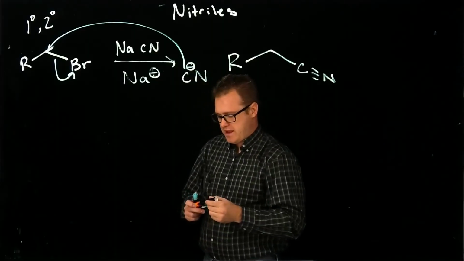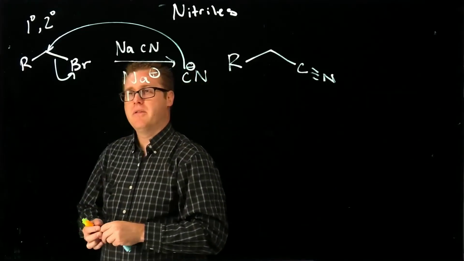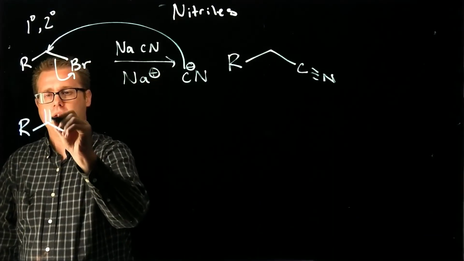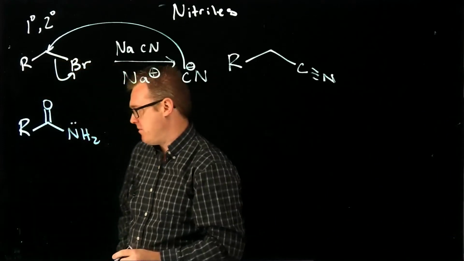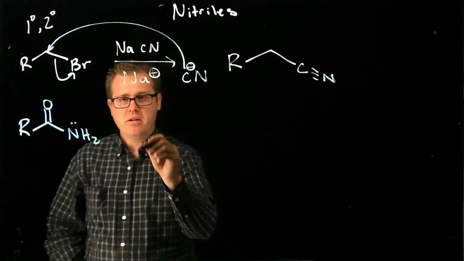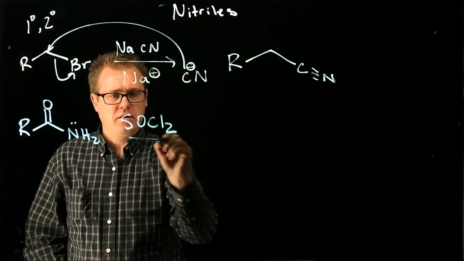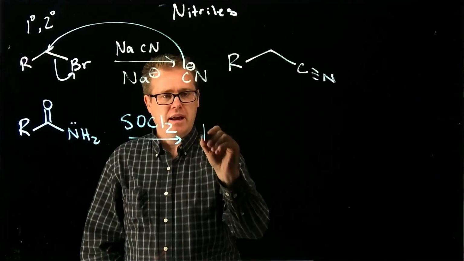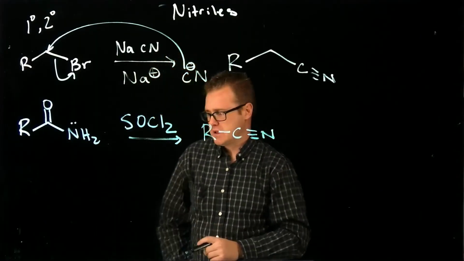But there's another way that we can do this, and that is if you take an amide and treat it with thionyl chloride, like that, you will generate a nitrile, just like that.